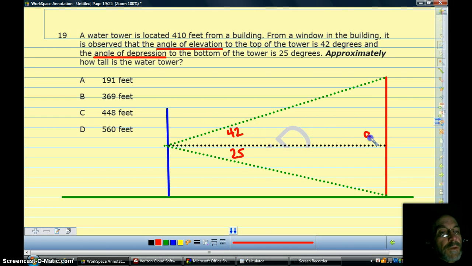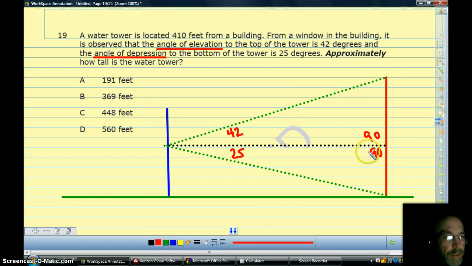And so you know you have 90 degrees here. Well, we're also going to be able to figure out this angle and this angle because we know two of the angles, and we know that the three angles of a triangle have to add up to 180.